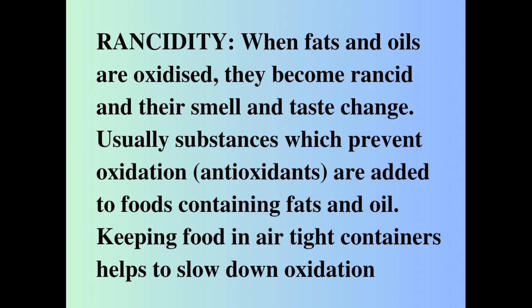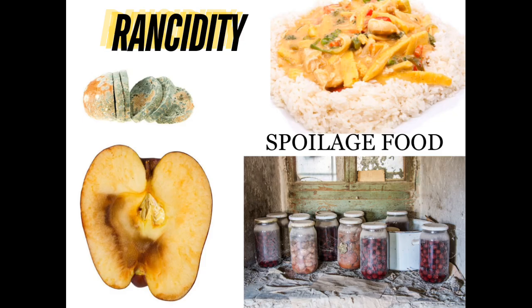Usually, substances which prevent oxidation, called antioxidants, are added to foods containing fats and oil. Keeping food in airtight containers helps to slow down the oxidation process. In this picture, you can see how rancidity occurs.